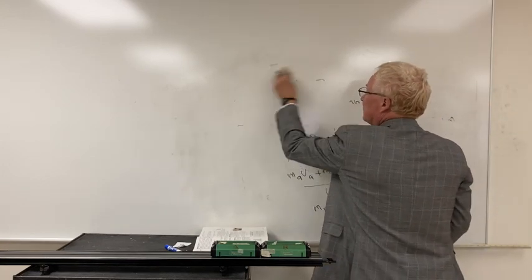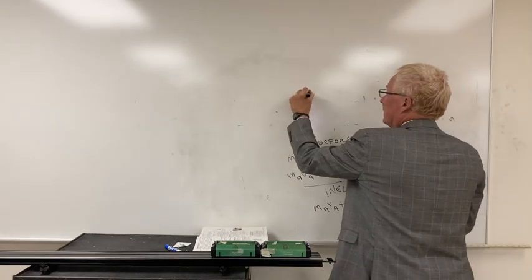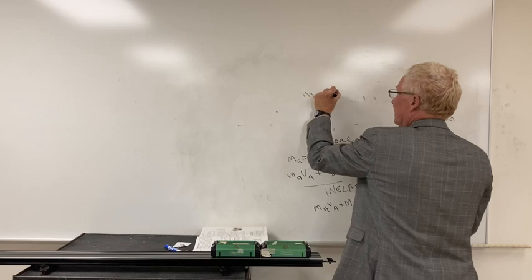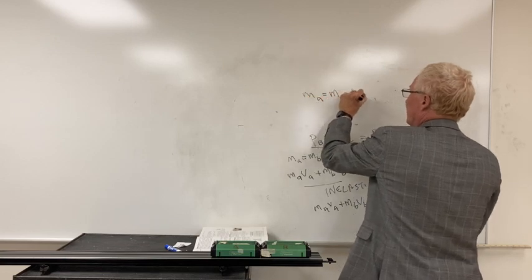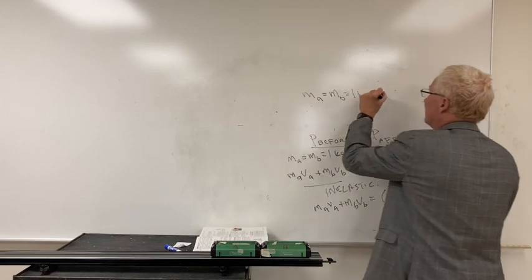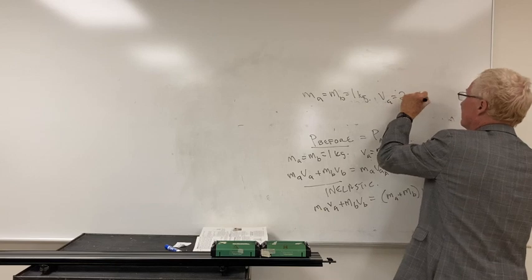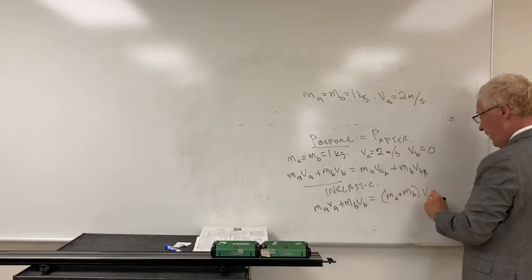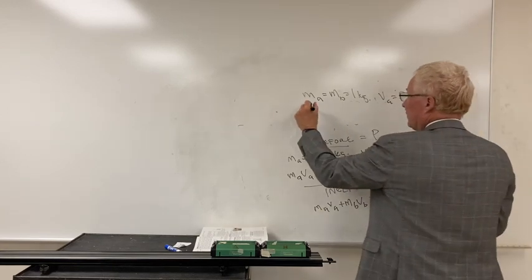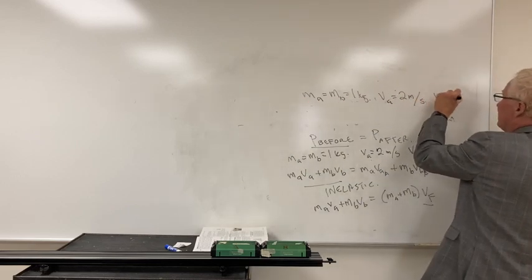In this case, I'm going to have, again, MA equals MB equals 1 kilogram, and VA is 2 meters per second. And we're trying to find this. Oh, and VB initially is 0.